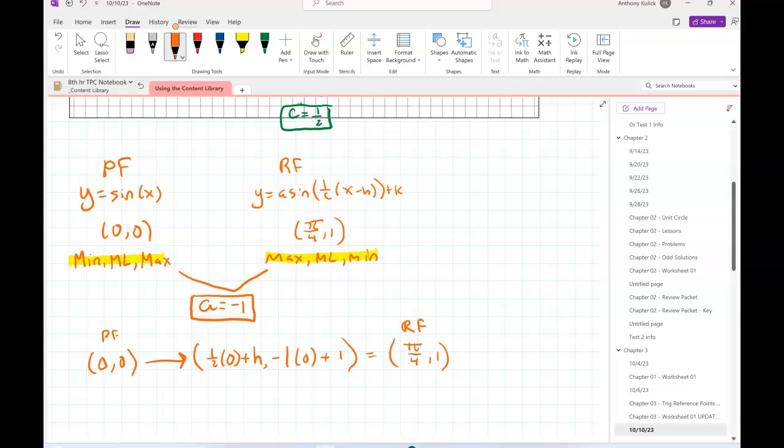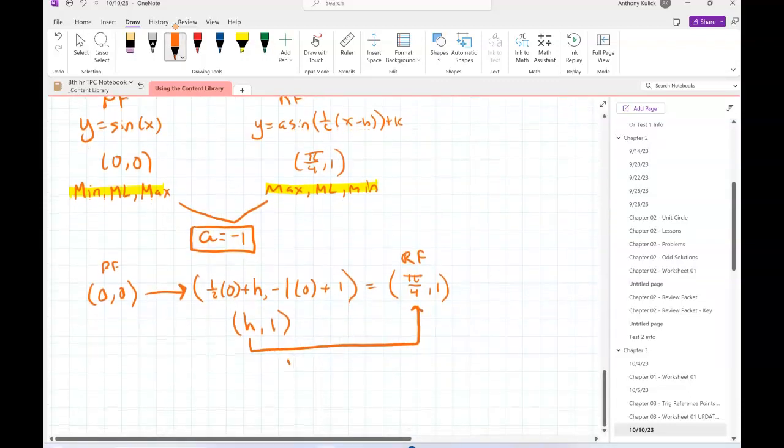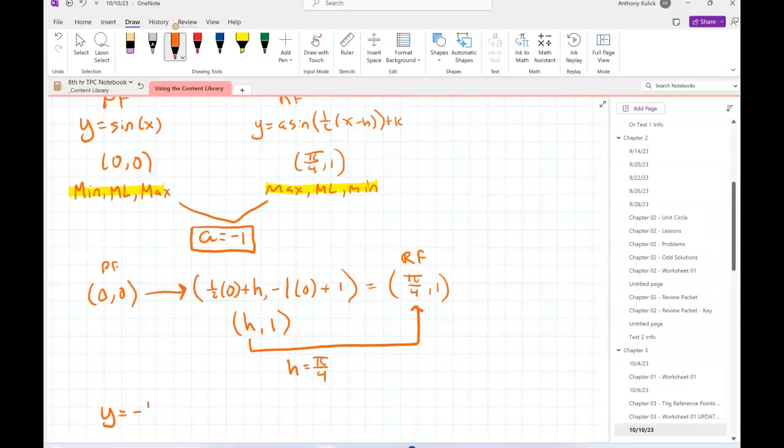1/2 times 0 plus h is h. Negative 1 times 0 plus 1 is 1. What does the h have to be? Pi over 4. So if we put this together, I have y equals a times sine of 1 over c times x minus h, plus k.